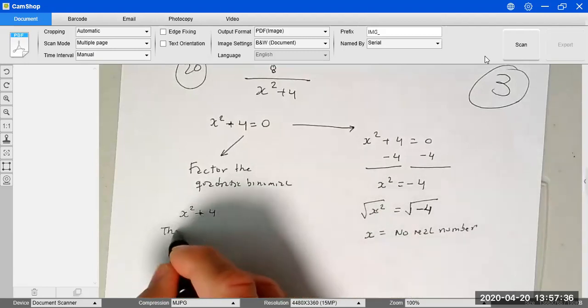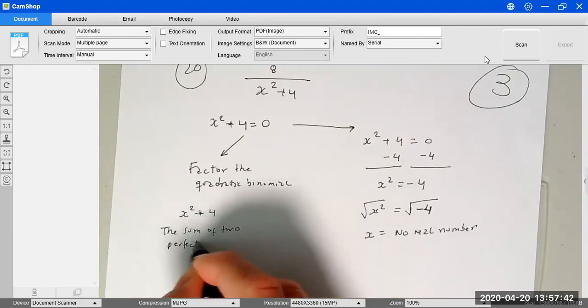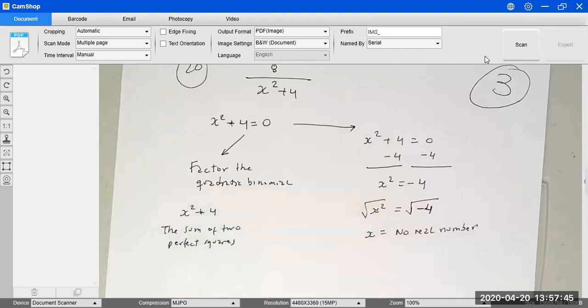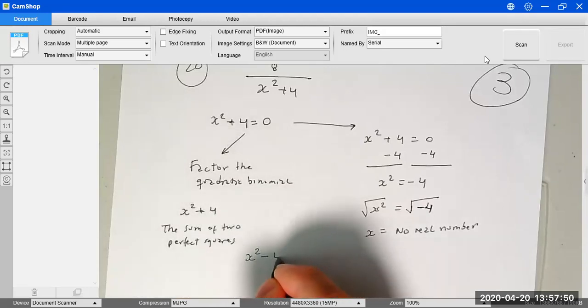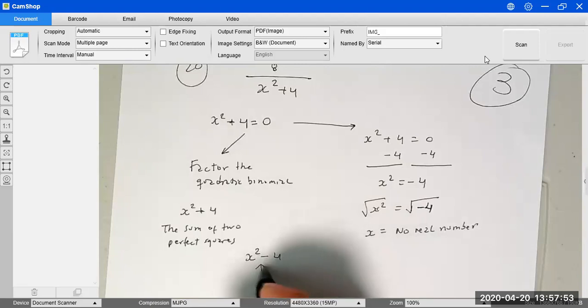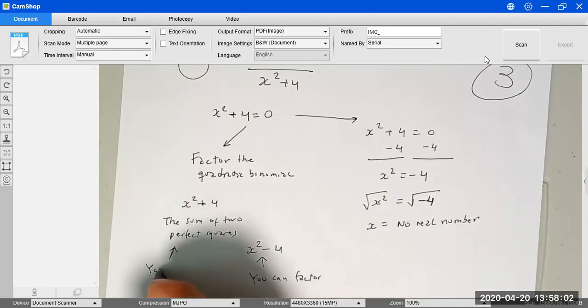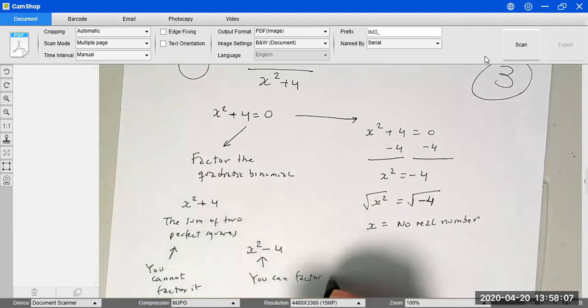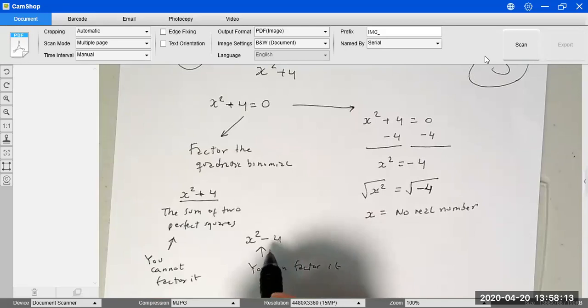This is the sum of two perfect squares. And if you check your formulas for special products, we only have a formula when you have the difference of two perfect squares. So you can factor something like that, but you cannot factor this sum of two perfect squares.